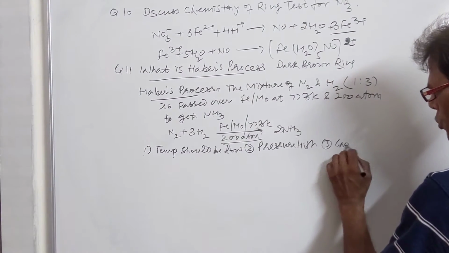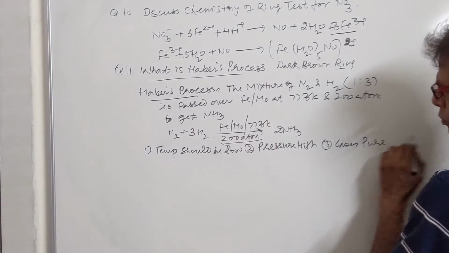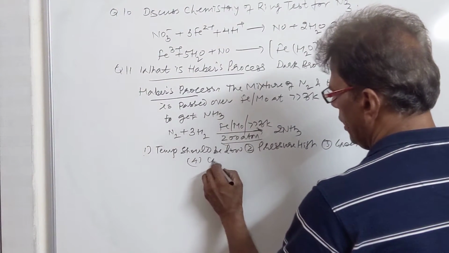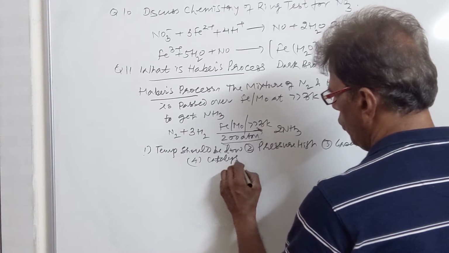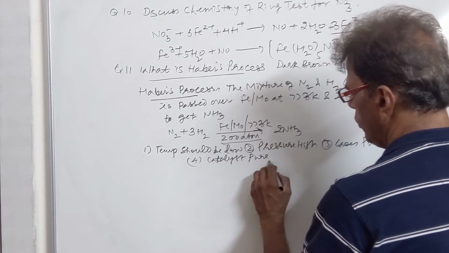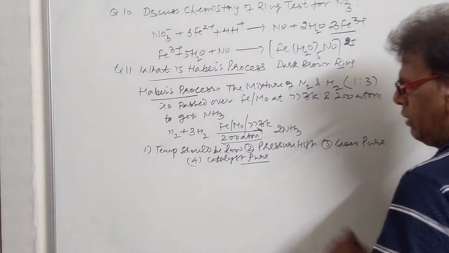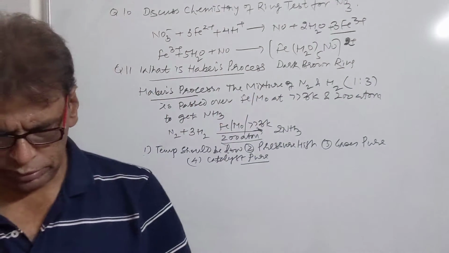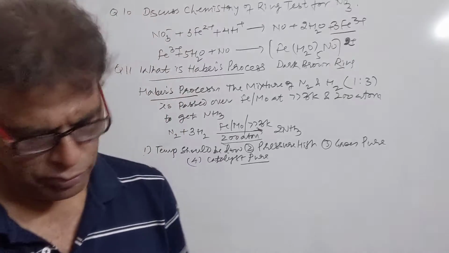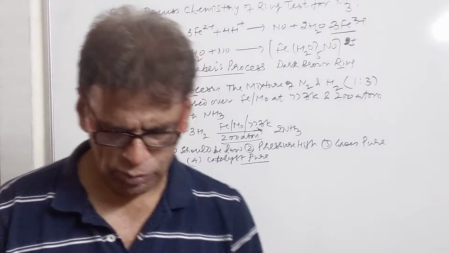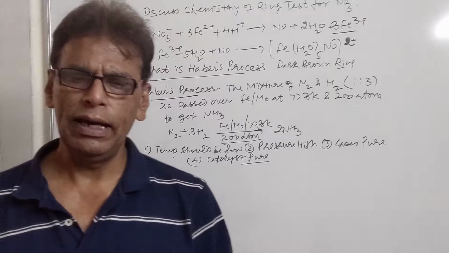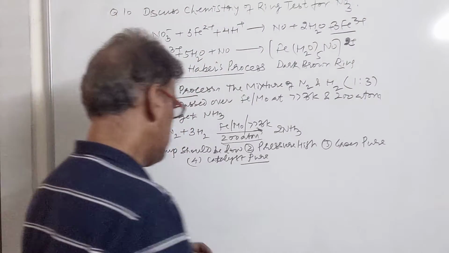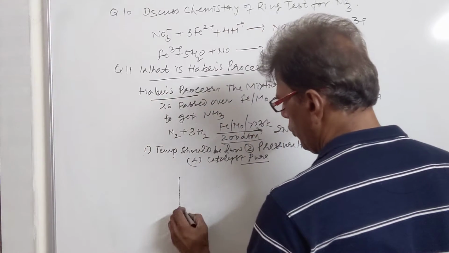Gas should be pure, catalyst should be pure. Impurities will spoil the reaction. They will not give a good quantity of ammonia by this method. So this is Haber's process, and Haber's plant consists of, initially we will be taking two tubes.